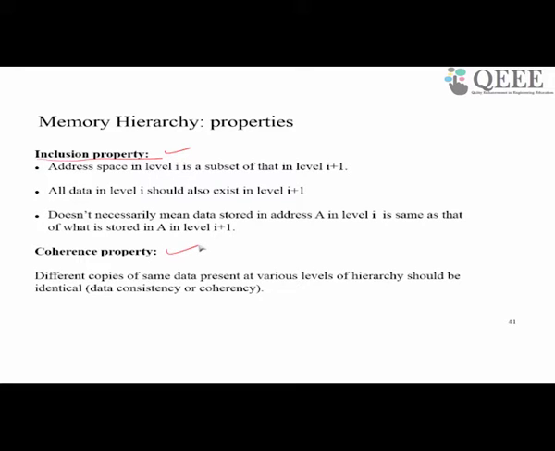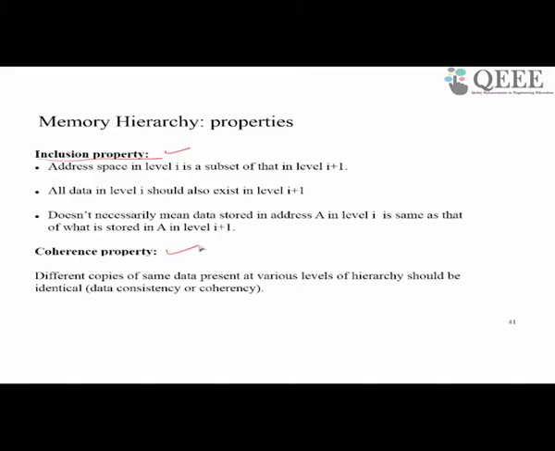Then we have another property called the coherence property. That is, different copies of the same data present in different levels should be identical. Otherwise, if the copies of the data are different, then we say it is incoherent. Okay, then we will not know which would be the right one.